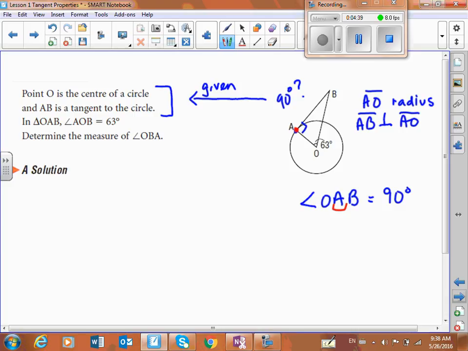And I like to think of these sort of as like roadmap directions. Put your pen on O, go to A, up to B, and that's how you get your angle. Okay, so angle OAB is 90 degrees. That tells us quite a bit then, because that makes triangle OAB a right triangle.